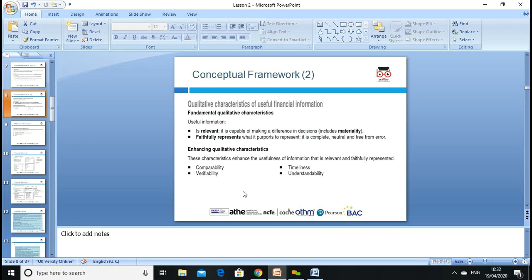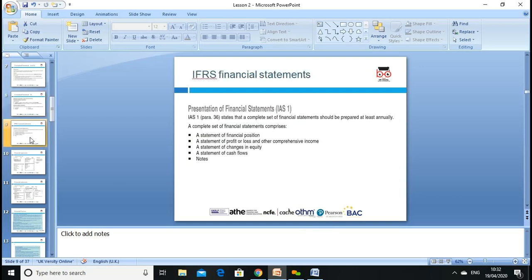Verifiability, whatever you say, if you have stock, you hold it and it's under your control. So that is verifiability. We can verify it. Understandability, the numbers need to be understood by those people who have knowledge about accounting or basic business knowledge. So you should make it in easy language, under headings as per IAS, which guides us.